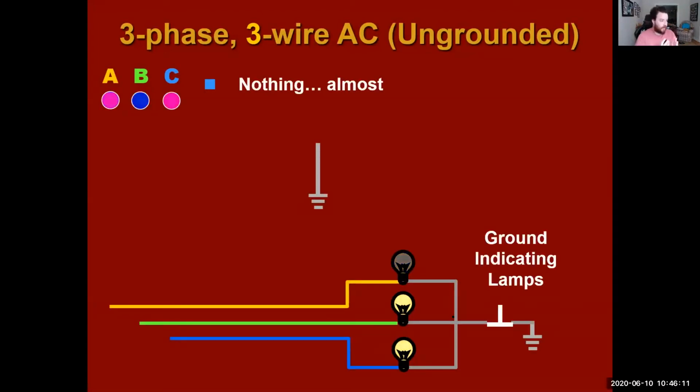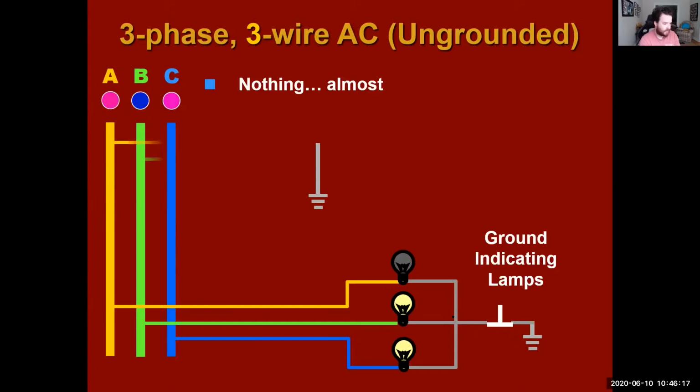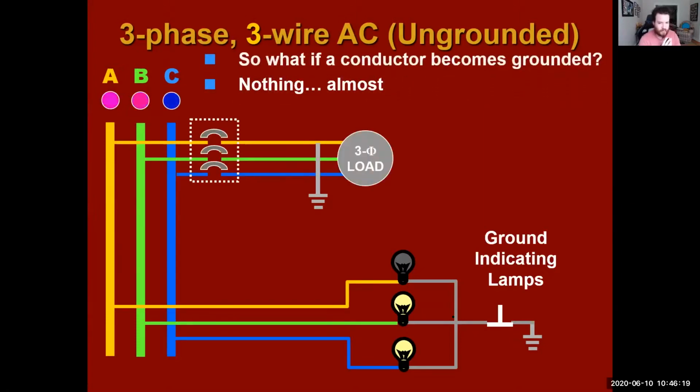So as I said, the ship is ungrounded for 99% of its things. There's only one point where we have an actual ground, where we want to have that ground, right? It's made that way.